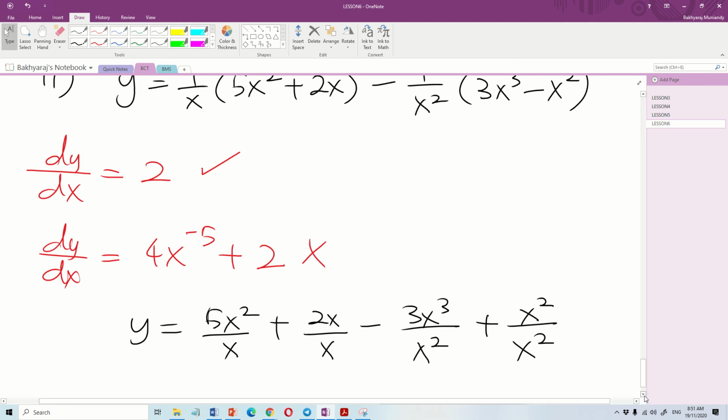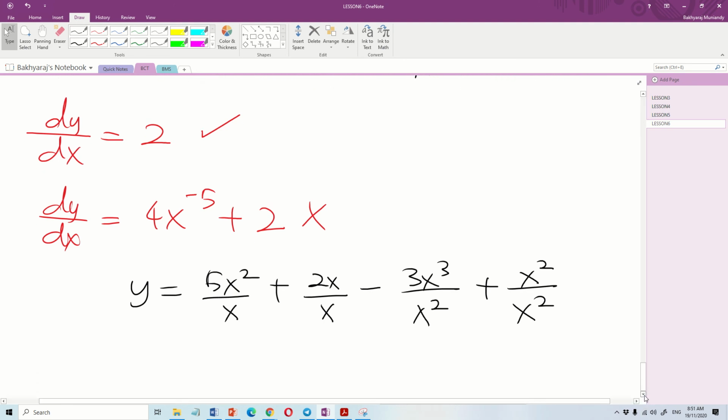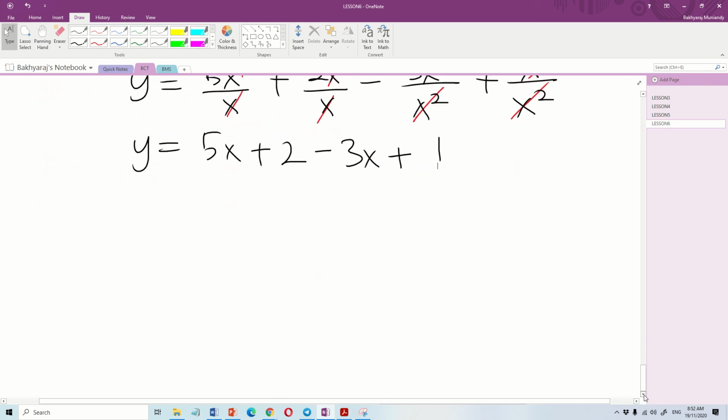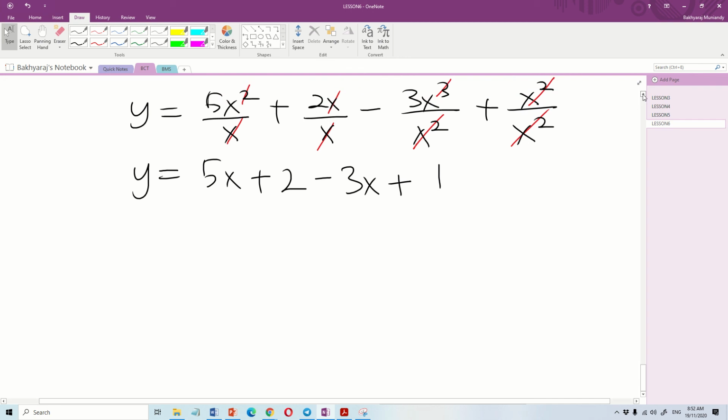Okay, so we go to the simplification. So y equals, okay, y equals. The x has to be cancelled. So this x is cancelled totally. This x cancels and becomes 1 here, and this one is also cancelled totally. So here we get 5x plus 2 minus 3x plus 1. So our y will equal 2x plus 3. We need to get this first, and only then we go for dy dx.